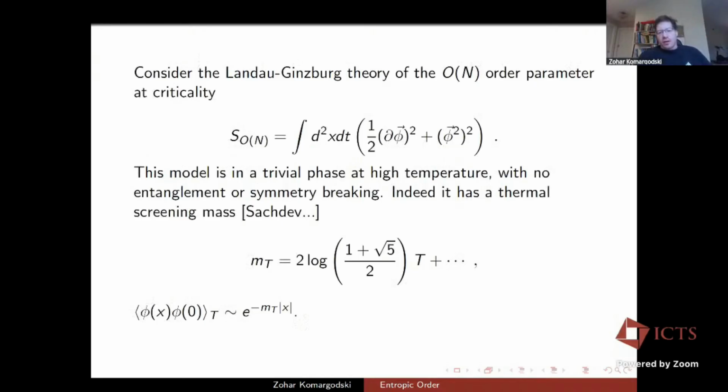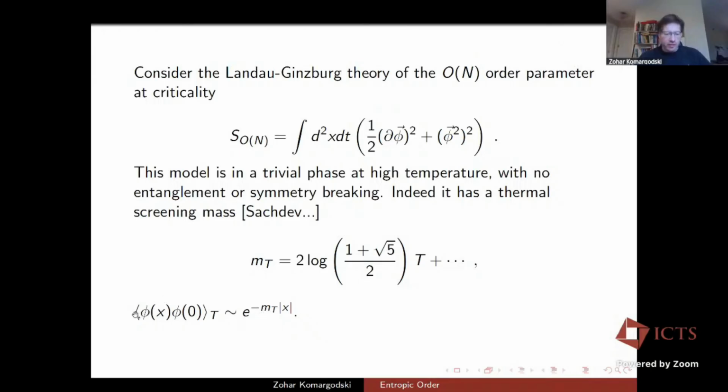Now I'll show you the very familiar setup for quantum field theories, which is the O(N) model. The O(N) model itself, which is just a field theory in 2 plus 1 dimensions for a degree of freedom, which is a vector in N dimensions, does not have order at infinite temperature. In fact, like 35 years ago or so, Subir Sachdev and various other people computed the correlation function, and it's decaying exponentially.